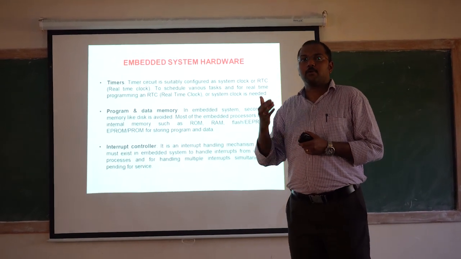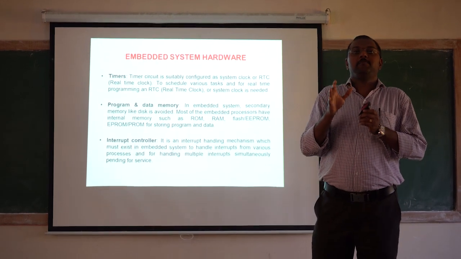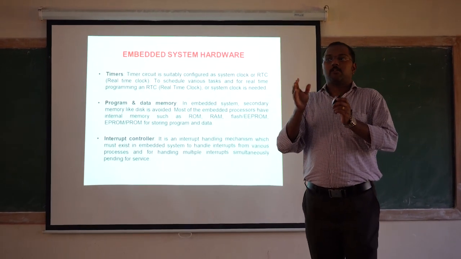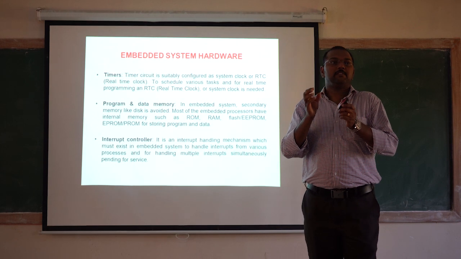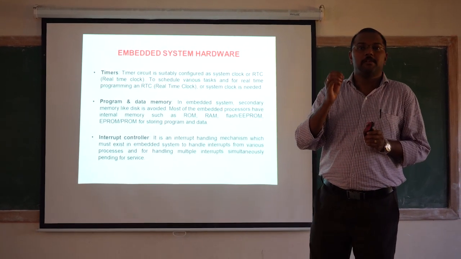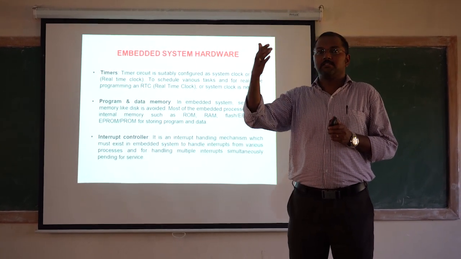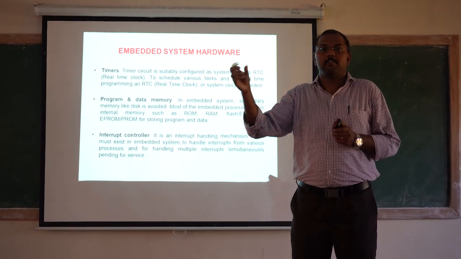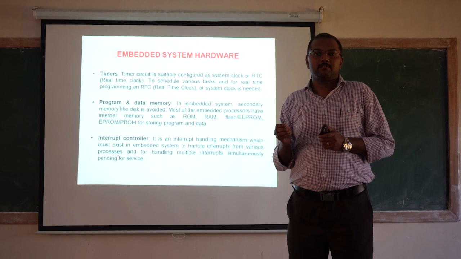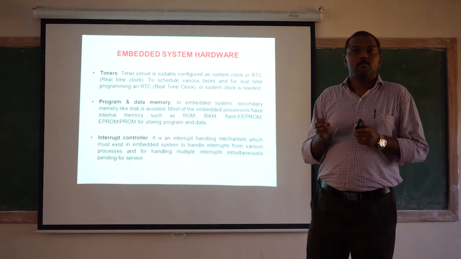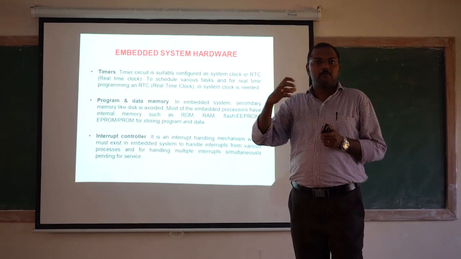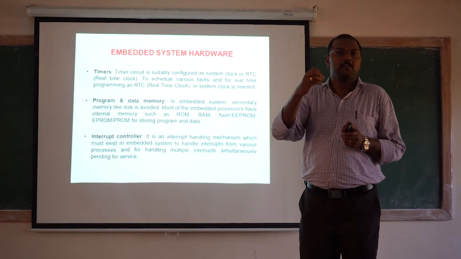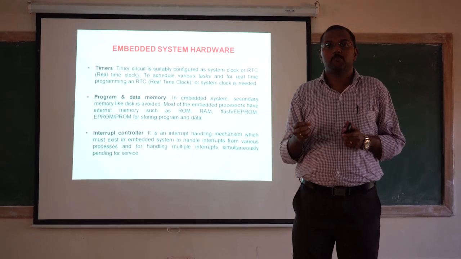Suppose, for an example, we consider our common PC. In a PC we have an Intel processor or AMD processor. Suppose our processor is carrying out a task, and suddenly you get a mail or some pop-up occurs. What happened? The processor suddenly executes based on the priority. You get a mail, you get a pop-up, right?